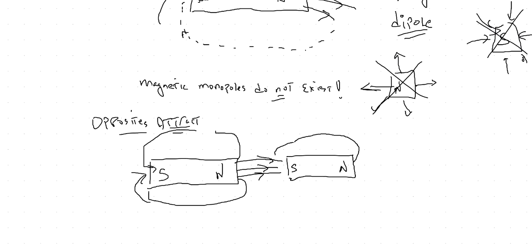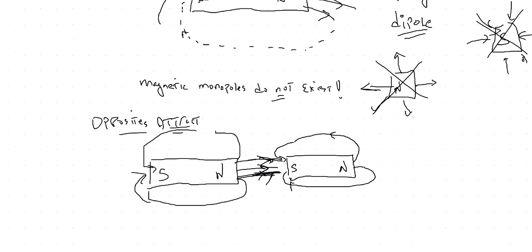But the important thing I want to show is that the lines are going in to the south. So that would be attraction.